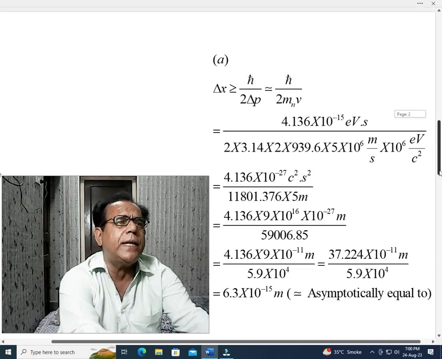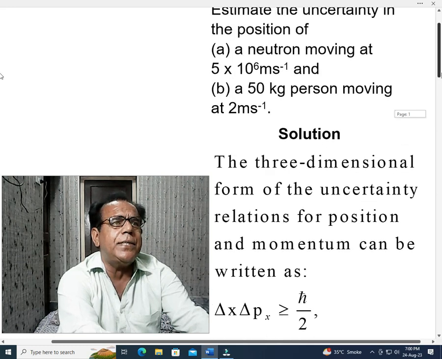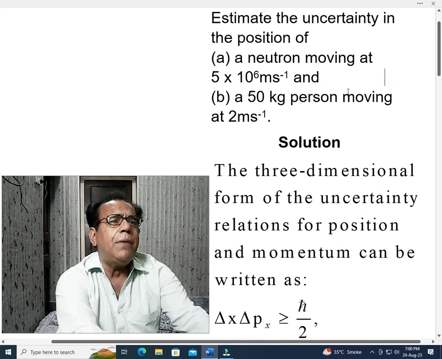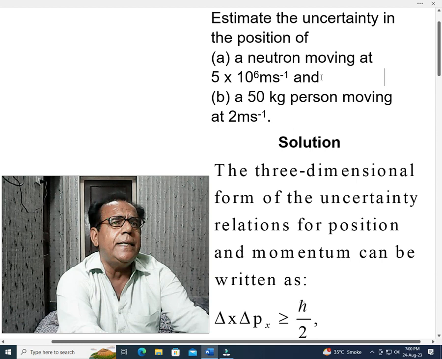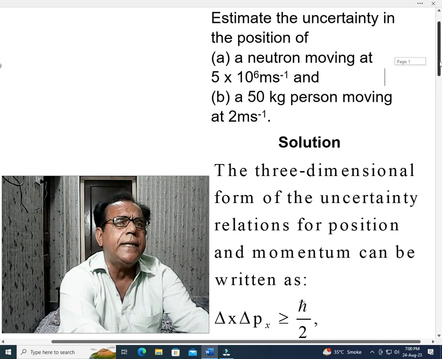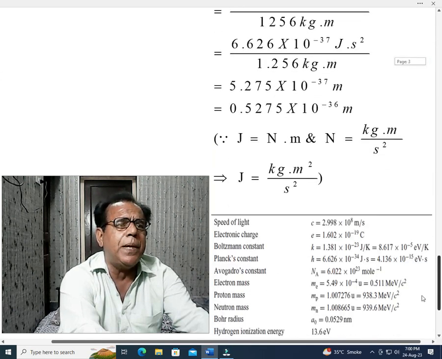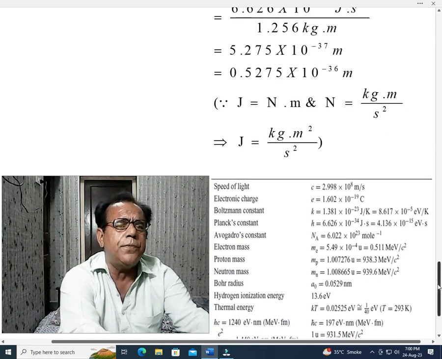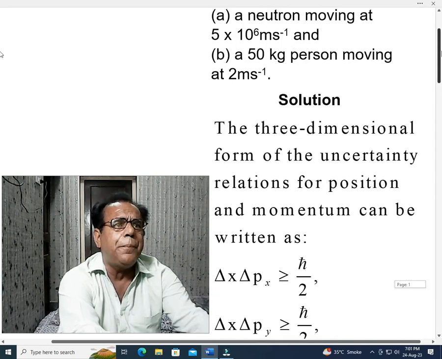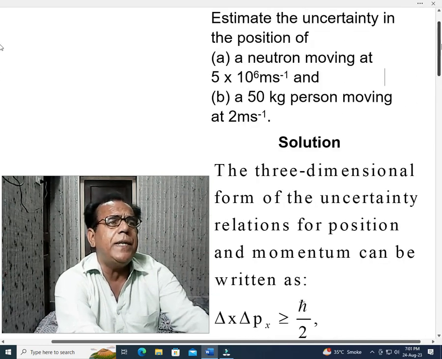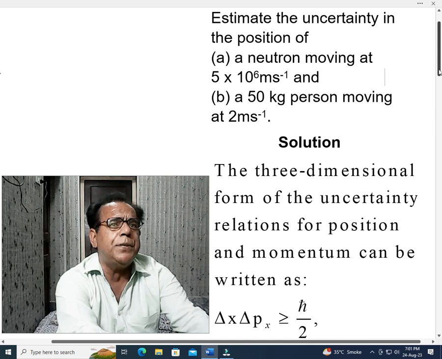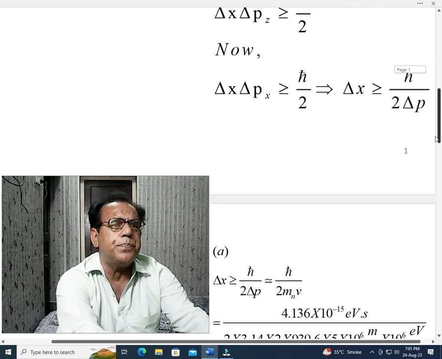Now we come towards part A, in which we have to find the uncertainty in the position of a neutron moving at this speed. For the neutron we have various physical constants, which will be taken from this table, and further data is given in the statement that it is moving at 5 × 10^6 meters per second.